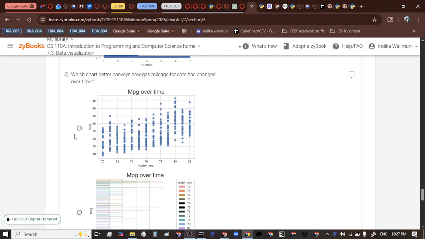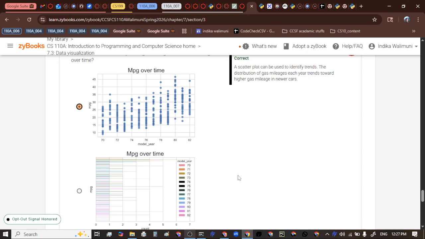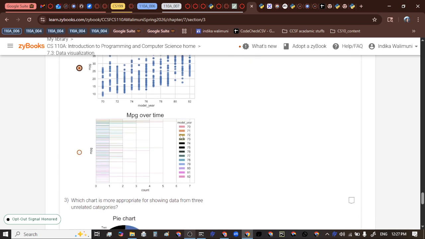What's the answer? That one definitely probably not. This is the first one, right? See that this is a bar chart, and you can see how cluttered that is, because there are too many data points as categories.